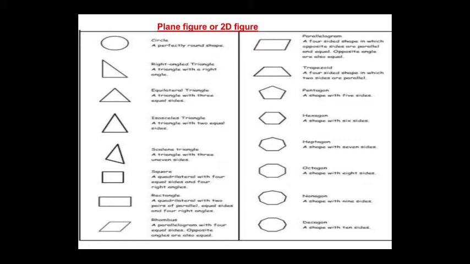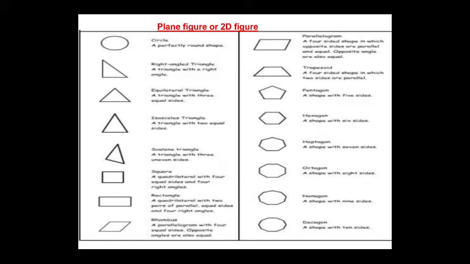A square is also called a quadrilateral. Square and rectangle, those which have only four sides, you call quadrilaterals, right? A square has four sides which are all equal, but in a rectangle only opposite sides are equal. A rhombus is also a quadrilateral, a parallelogram with four equal sides.